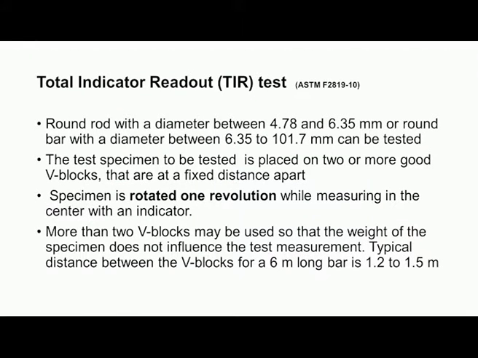Now, there is another test specified by ASTM, known as the total indicator readout test. This is applicable for round rods with a diameter ranging from 4.78 to 6.35 millimeter, or round bars with a diameter of 6.35 to 101 millimeter.